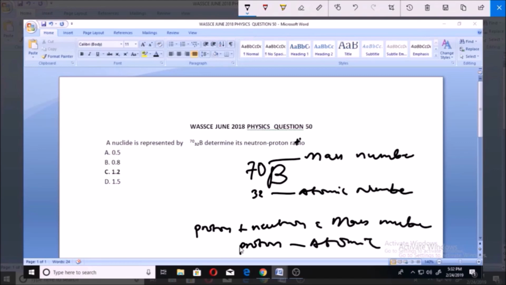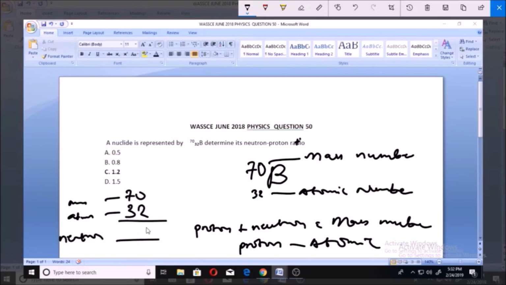So the number of protons alone is 32. 32 is the atomic number. Whereas the mass number, which is protons and neutrons, is 70. So to get the number of neutrons, we have to do 70 minus 32.